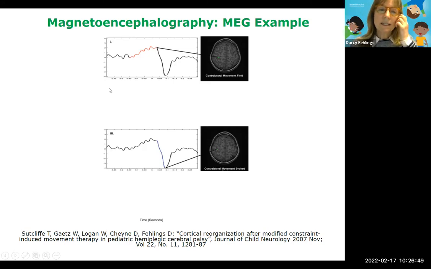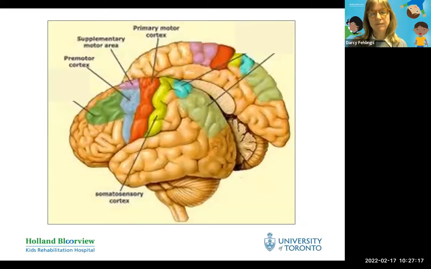But then what it does is it breaks down the information to time 0 in milliseconds. So prior to time 0, you can have the motor planning represented here in red. And after time 0, you can have the sensory proprioceptive response. So it's starting to give you differential information in the motor and the sensory areas.